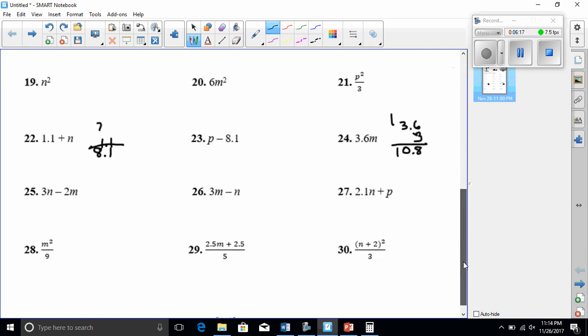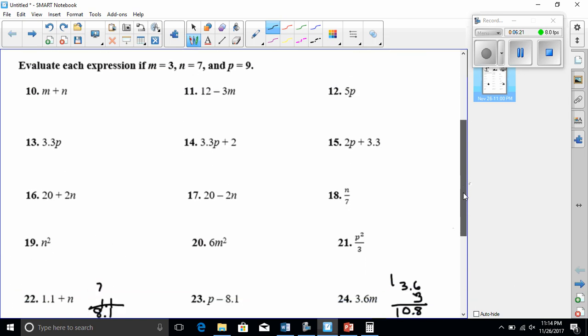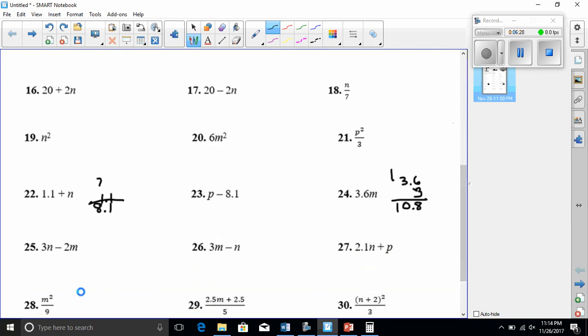25 says 3n minus 2m. Well, n is 7 and m is 3. Let's see here, a little glitch.